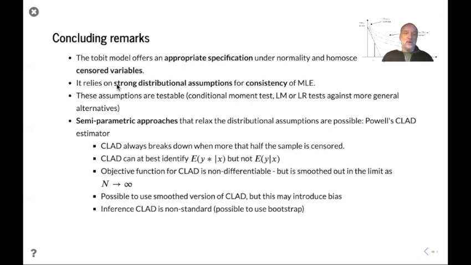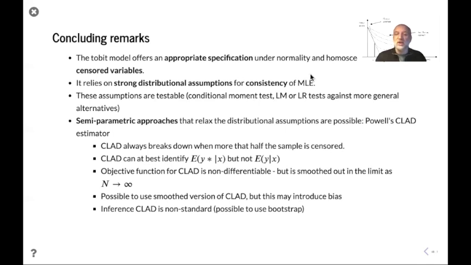Okay, and then it relies on these strong distributional assumptions to obtain consistency for the Tobit estimator, or consistency for the maximum likelihood estimator that we use to estimate Tobit. Fortunately, these assumptions are testable. We talked a little bit about the conditional moment test.